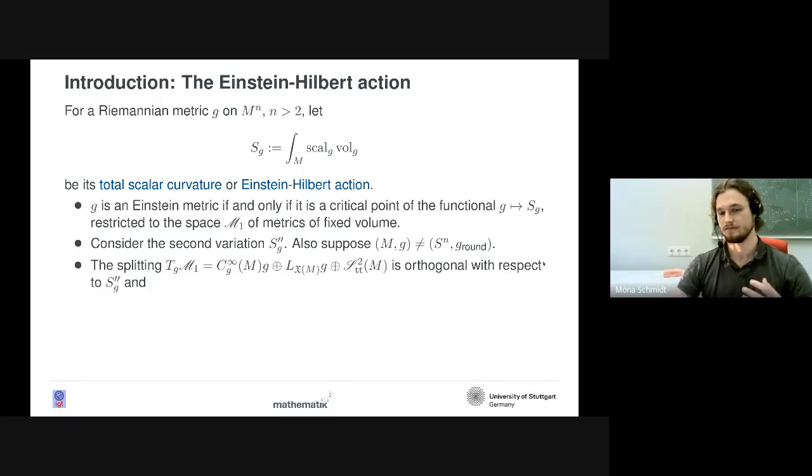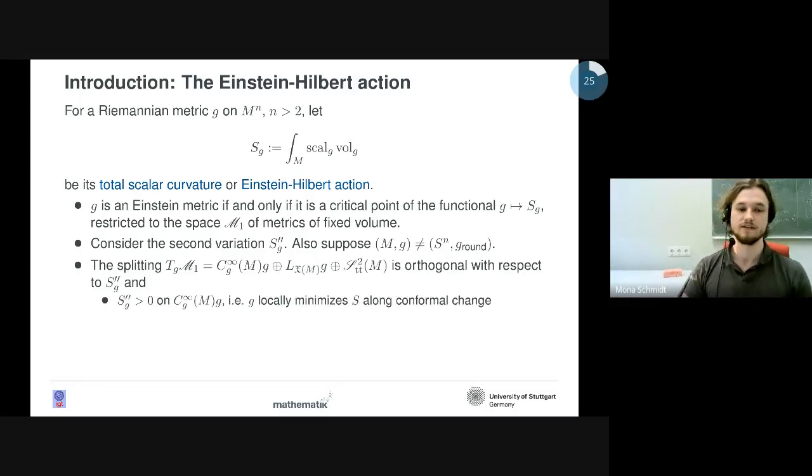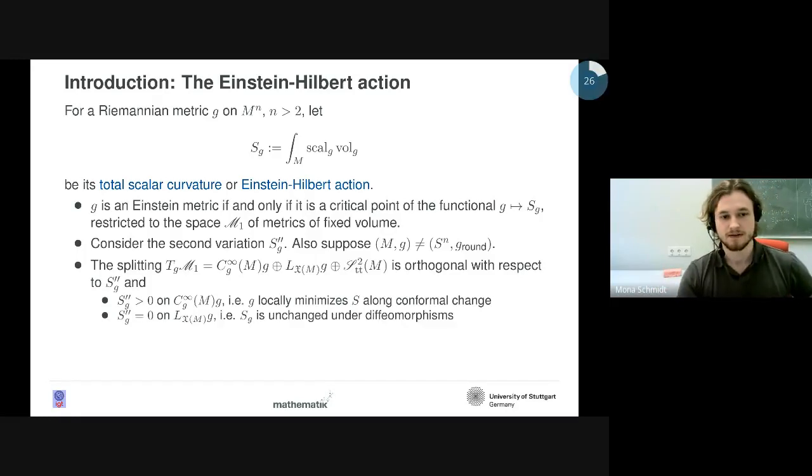Then we can analyze on each summand what the second variation does. On the first summand, we know that it is always positive, so g is a local minimum of S along directions of conformal change, meaning that I scale the metric with some non-constant function. Since S is diffeomorphism invariant, the second variation is 0 on the summand that comes from the diffeomorphism action.